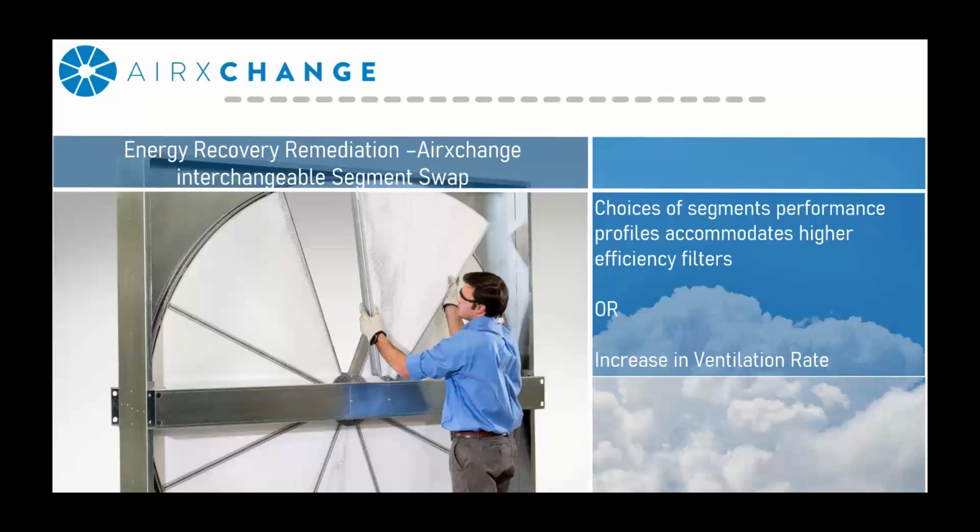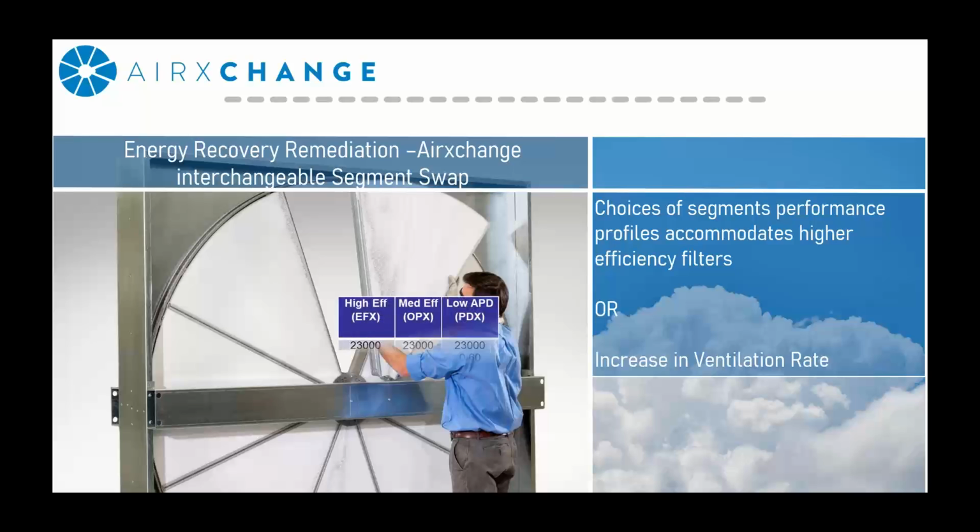So one thing you may want to consider when looking at this approach is utilizing what we call segment swap to achieve either higher airflow, higher filtration, or maybe even a combination of both with an air exchange equipped system. The air exchange segments are interchangeable, and we offer three different varieties which have either a higher efficiency segment, a medium efficiency segment, or a low pressure drop segment.